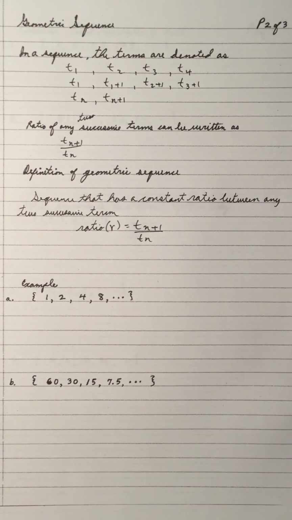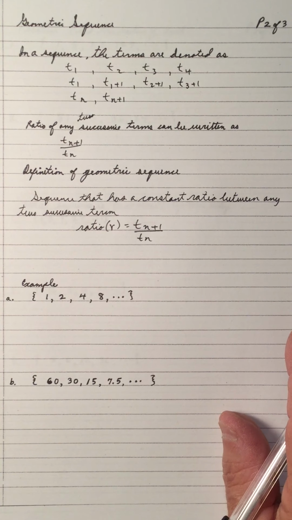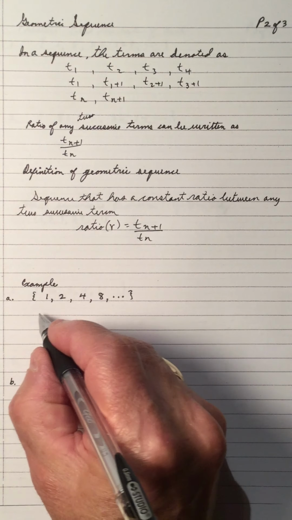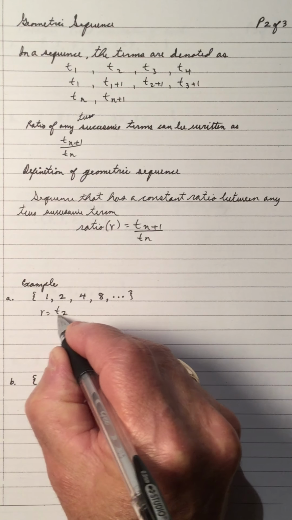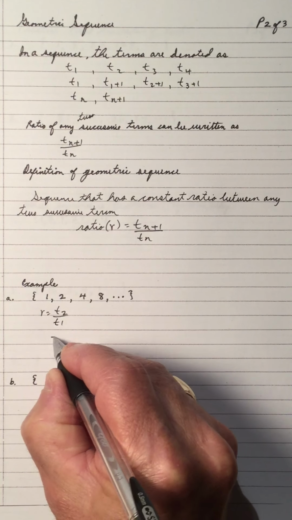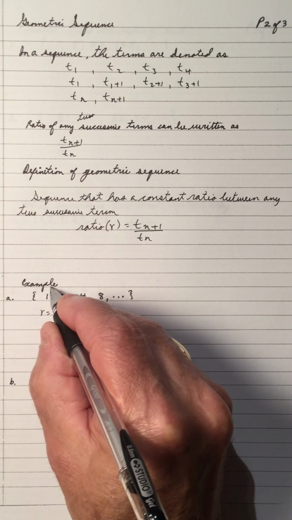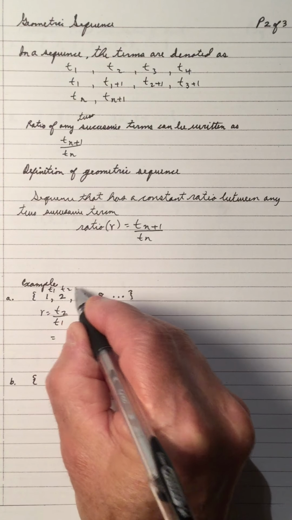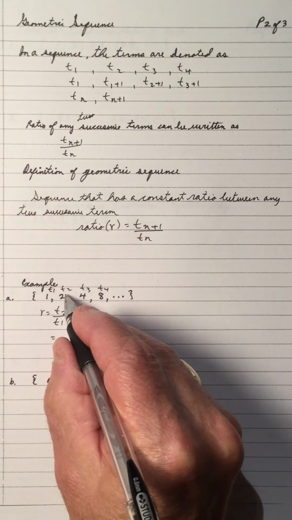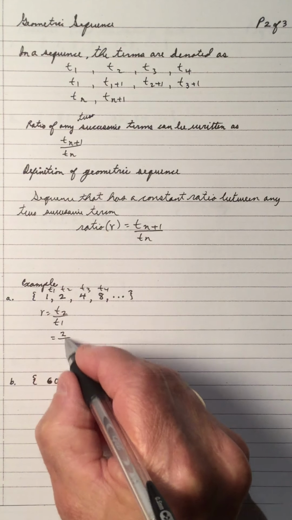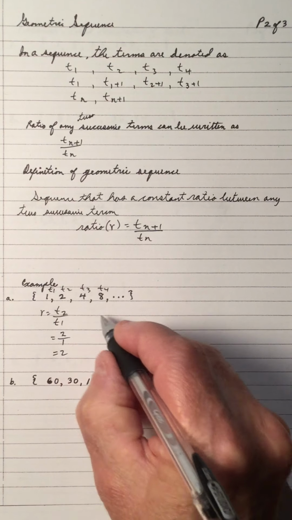Let's do some examples to explain what a geometric sequence is. So if we take the ratio of T2 and divide it by T1, this is T1, this is T2, this is T3, this is T4. T2 is 2, T1 is 1, so the ratio is 2.